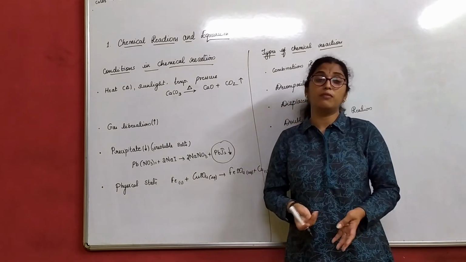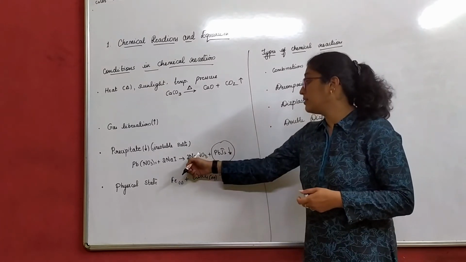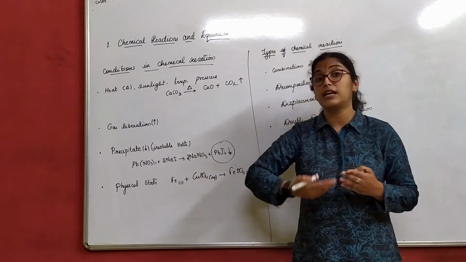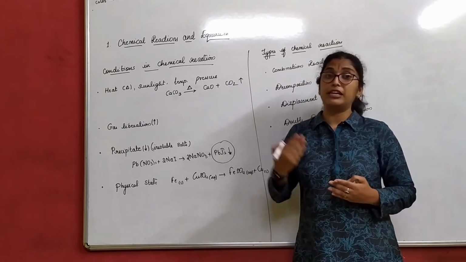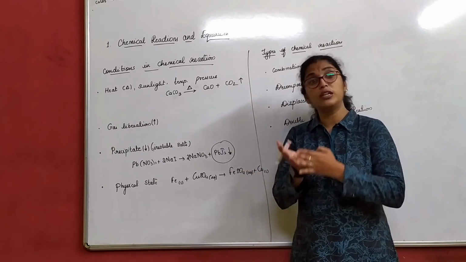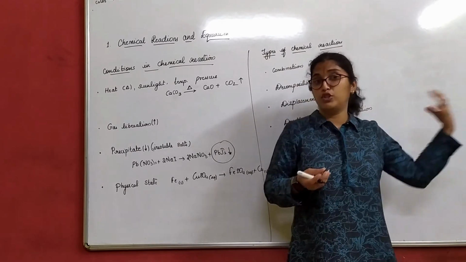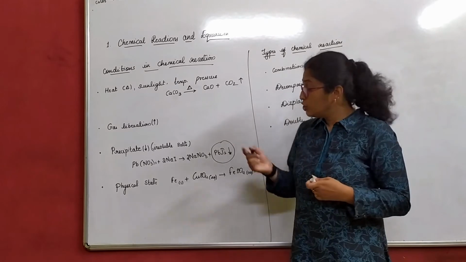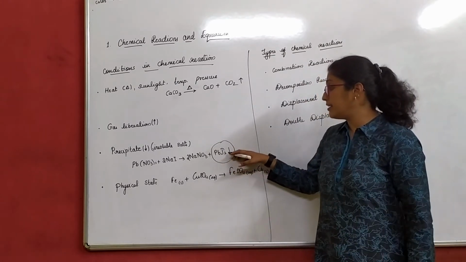Now how will I come to know this is a precipitate, this is not a precipitate? Why? Even this could be a precipitate. That is how we understand in a chemical equation. The more we go on practicing equations, the more we will understand. There are again different types of chemical equations which we will be dealing with later. You understand that by practice. Now here lead iodide is a precipitate.